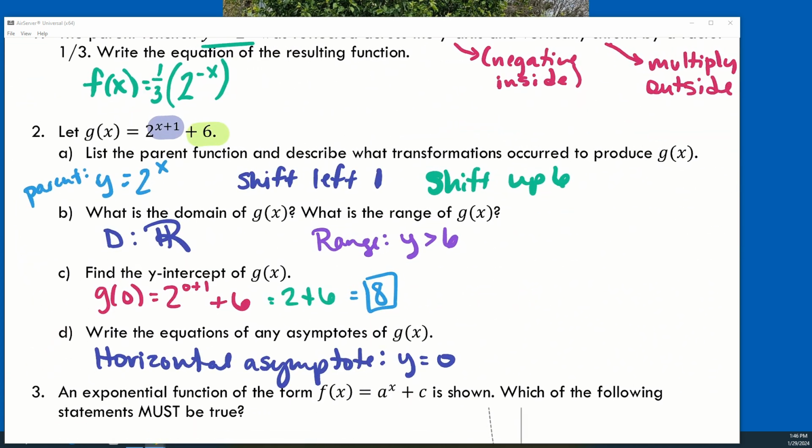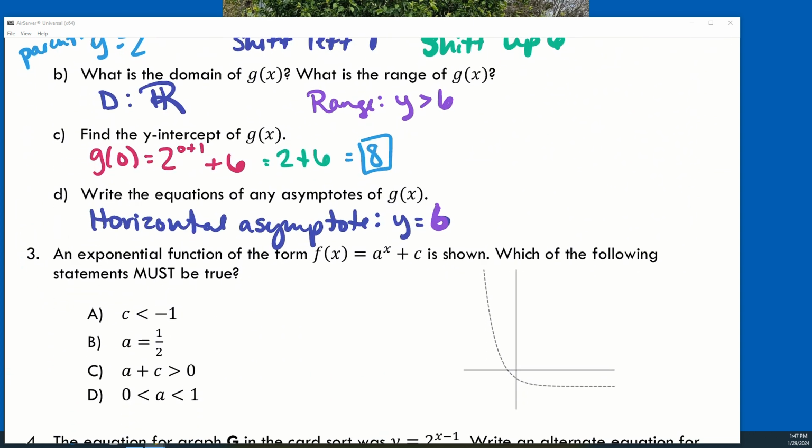So this number right here, whatever is added or subtracted, always gives you the horizontal asymptote. And if there's nothing that's been added or subtracted, then that horizontal asymptote is 0. It's not this time. It's going to be 6. So y equals 6 should be the horizontal asymptote.